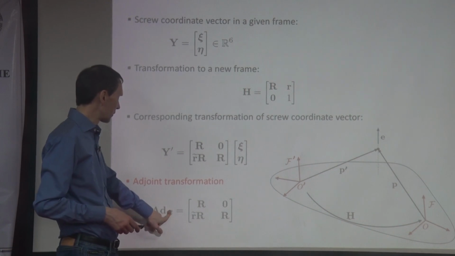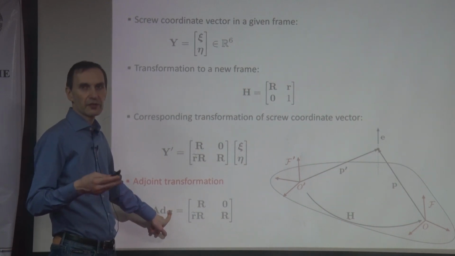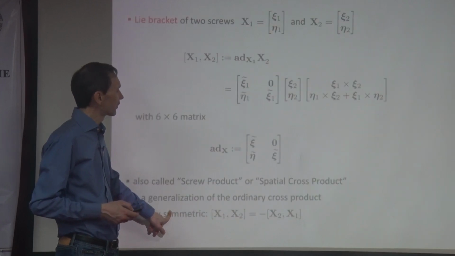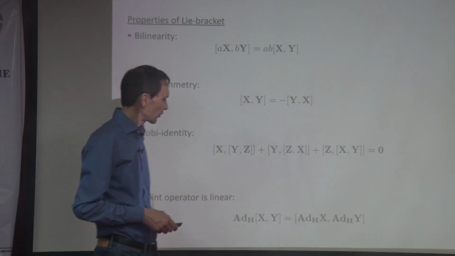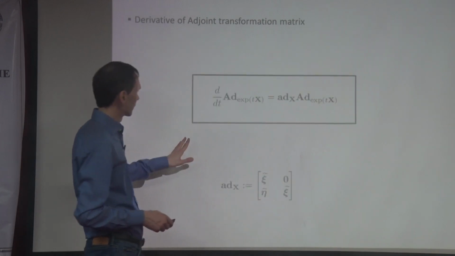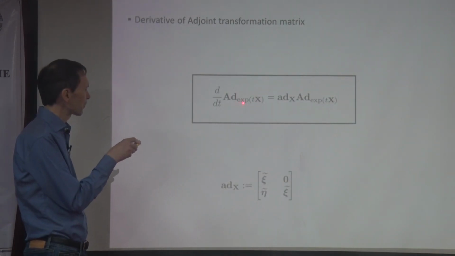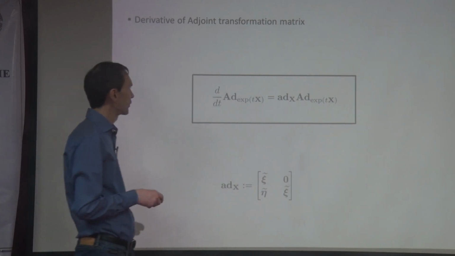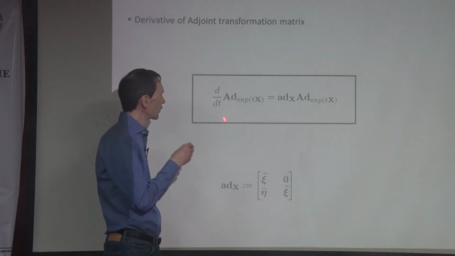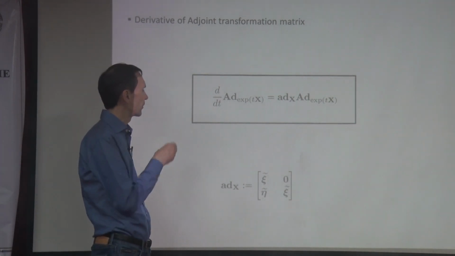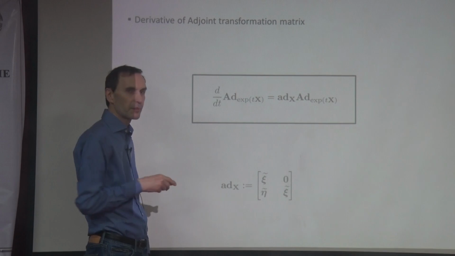So this is equal to the exponential of x of t, for example. The question now, if this is h expressed as the exponential of t times x, what's the derivative of this operation with respect to t? And what comes out is this.